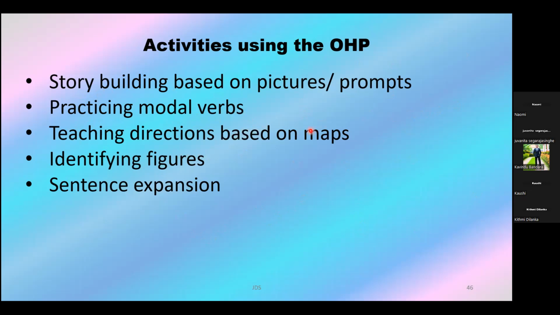Modals indicating obligation: the same modal has different functions. It can indicate obligation, it can indicate possibility. To differentiate the functions, we can make use of pictures and the modals and create activities that can be done on the OHP.